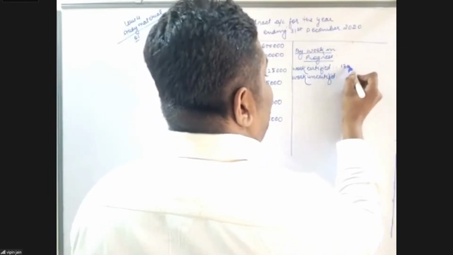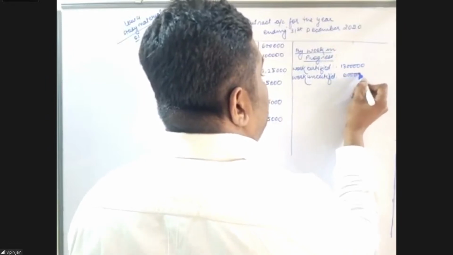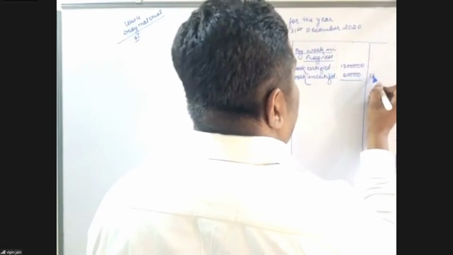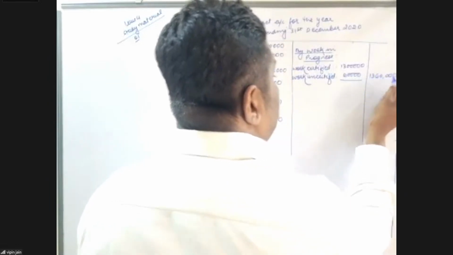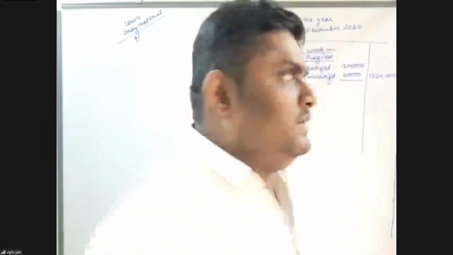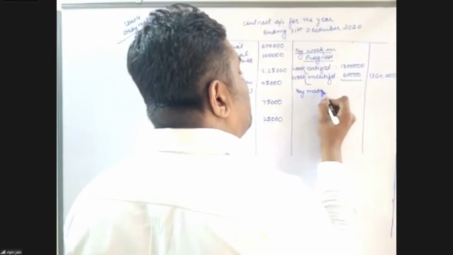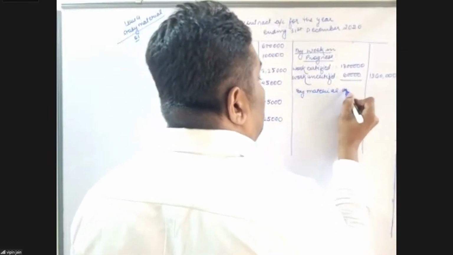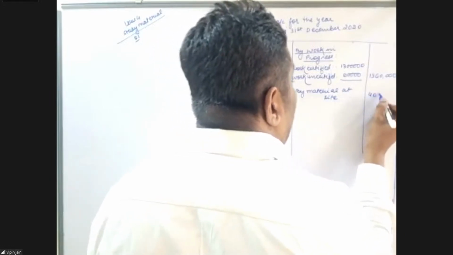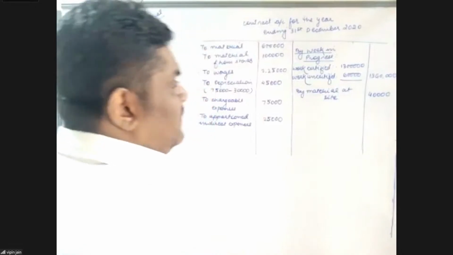So this is 13 lakh and this is 60,000. So the total to be transferred to the other column is 13 lakh 60,000. Further, the material at site is 40,000. So we are done with the posting.